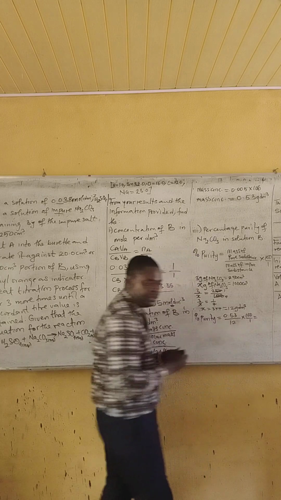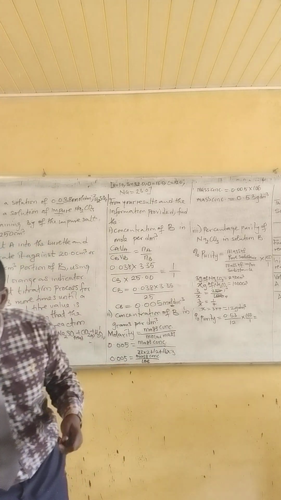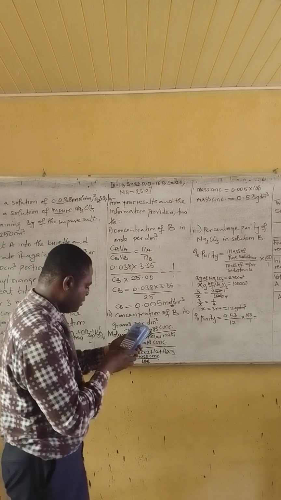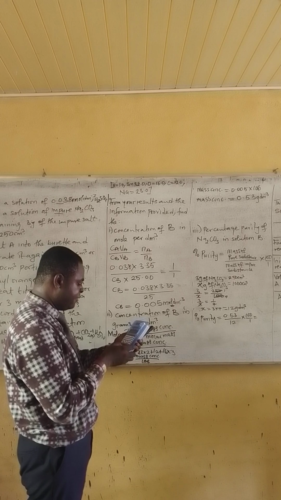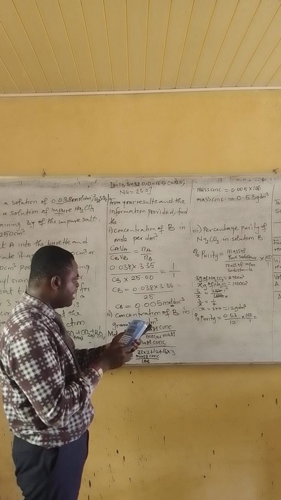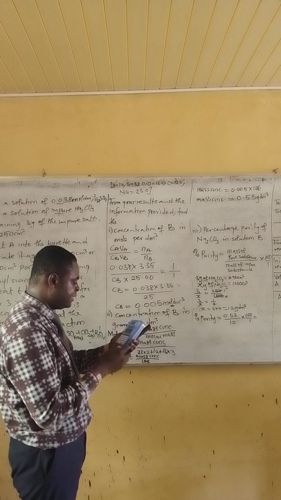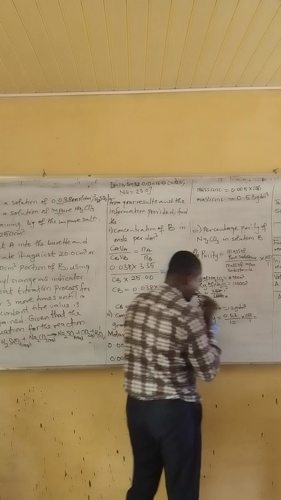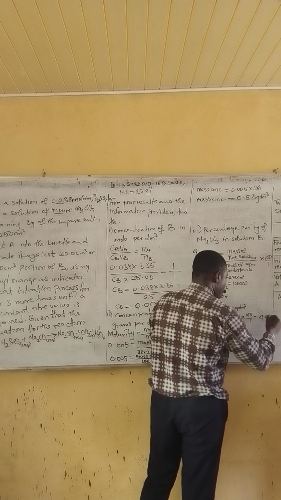So our answer will now be 0.53 times 100, then divided by 12. Answer is 4.4%.